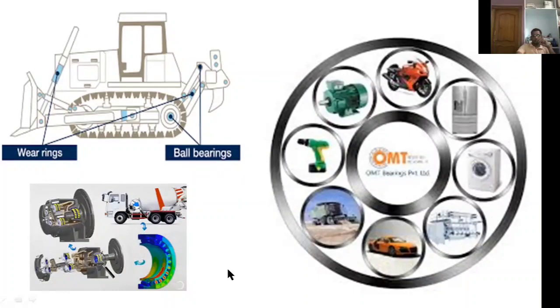And this is the automobile power transmission system. In this power transmission system, we are using bearings for supporting the shafts. This is the figure for the bearing.